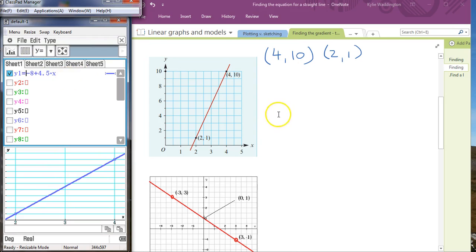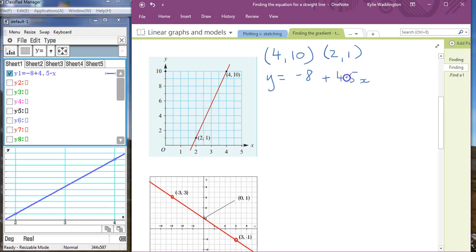And it makes sense in that we have a negative y-intercept. Given we've got 0 here, it makes 100% sense that it would not be a positive. And then we have a positive gradient because as x increases, so does y. So our gradient is 4.5.